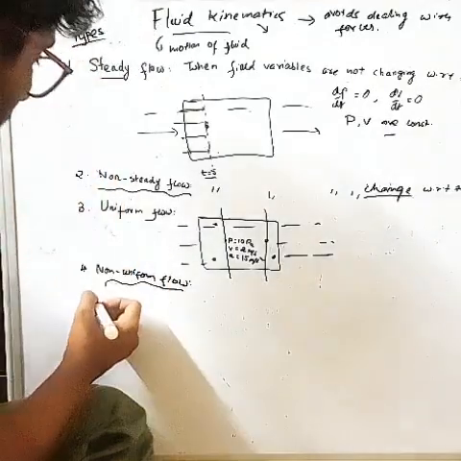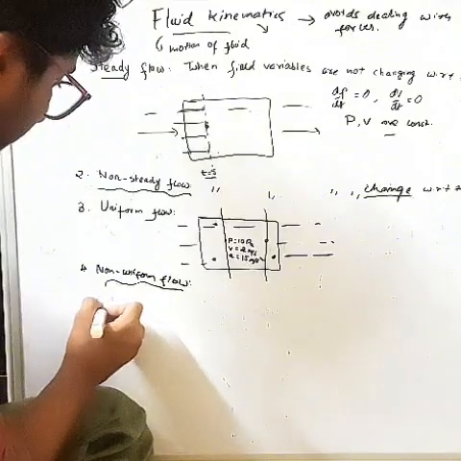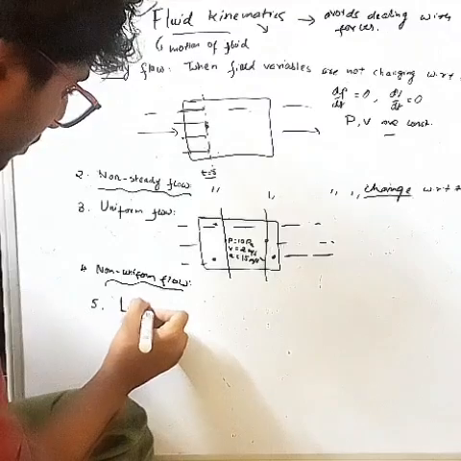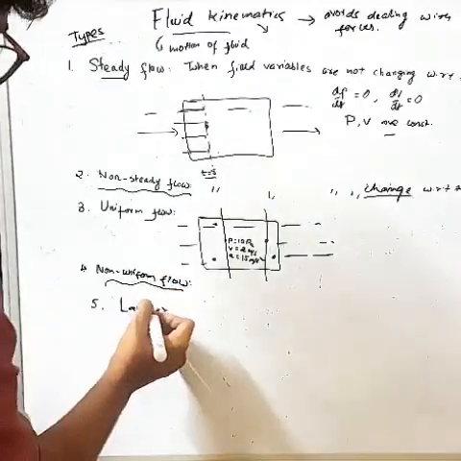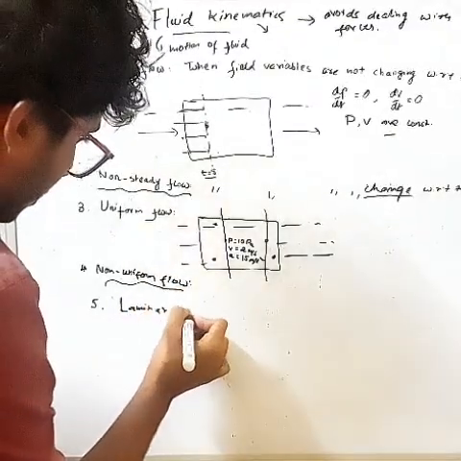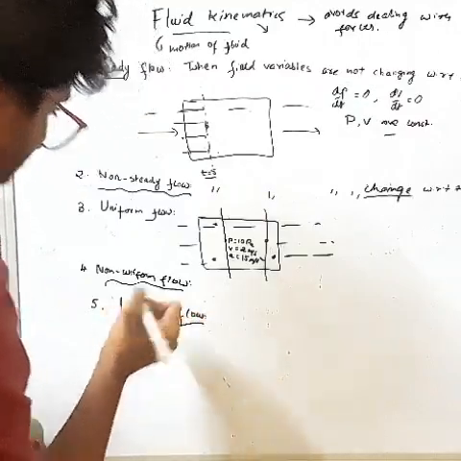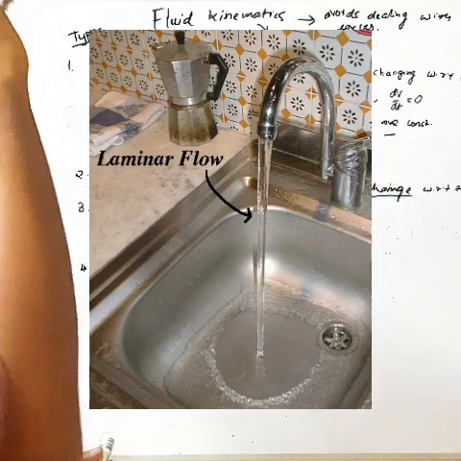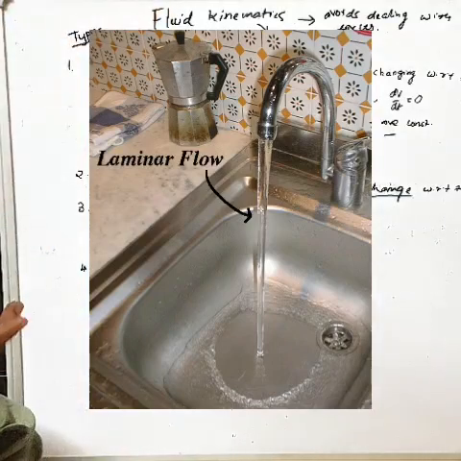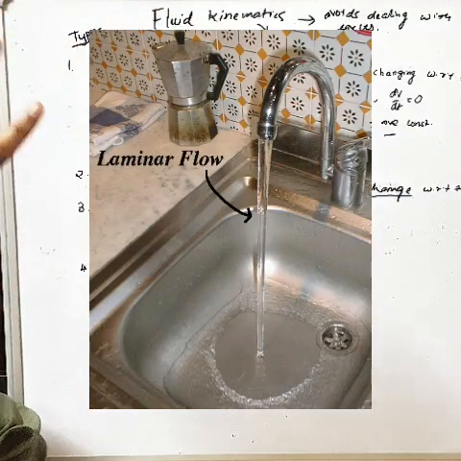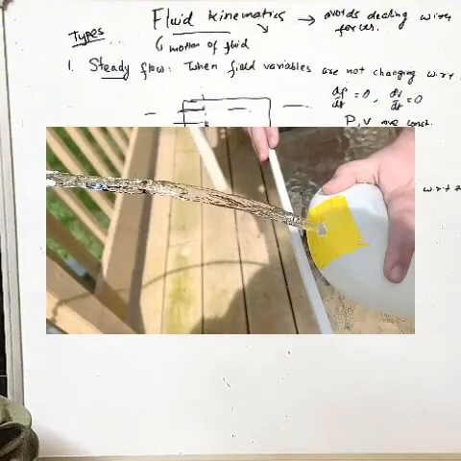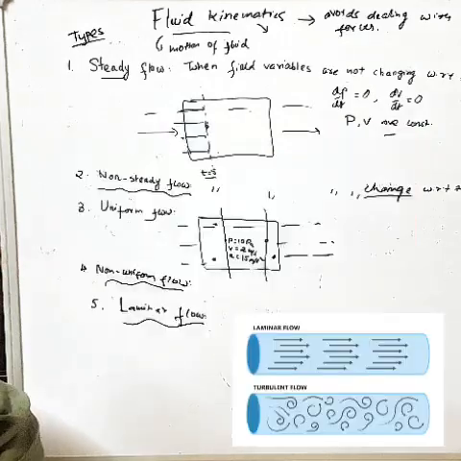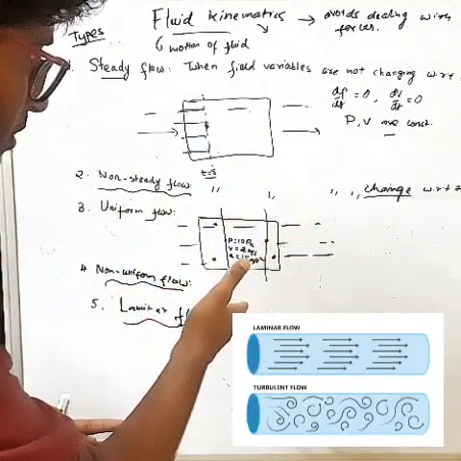And also here is number 5, laminar flow. You may have seen videos like this, where water from a tap is flowing but looks really still. When you touch it, you see that it's flowing, but if you remove your finger, it looks still again.